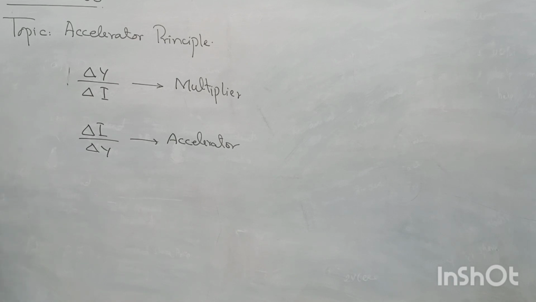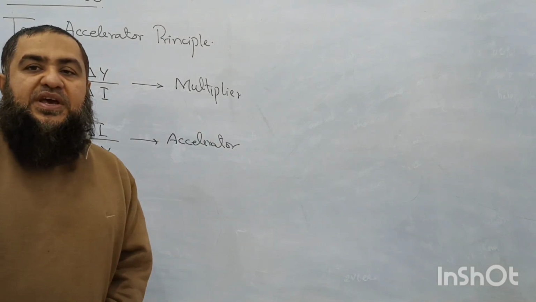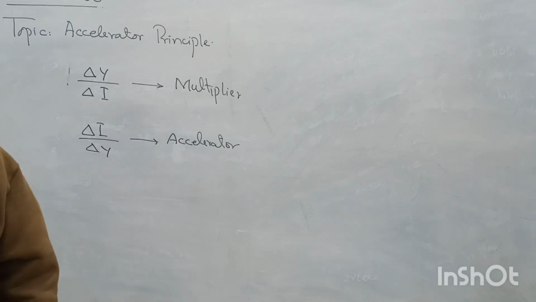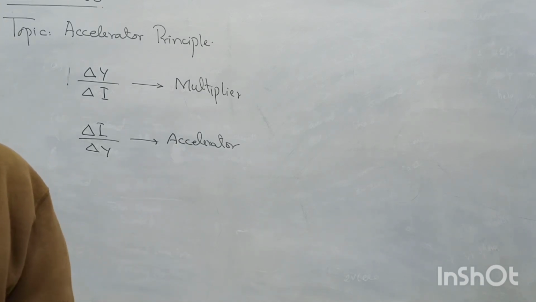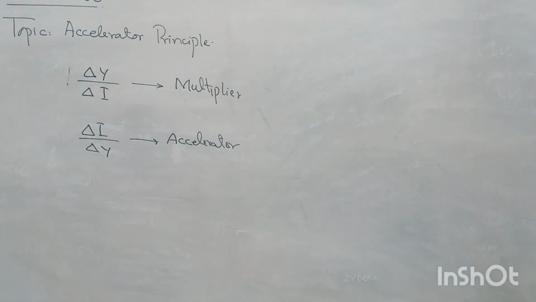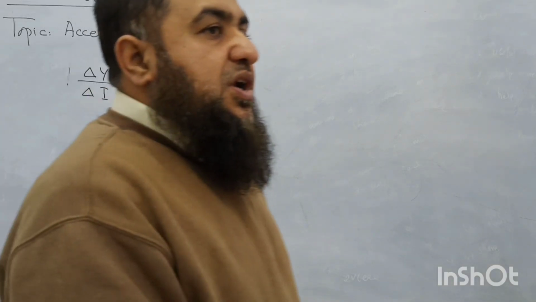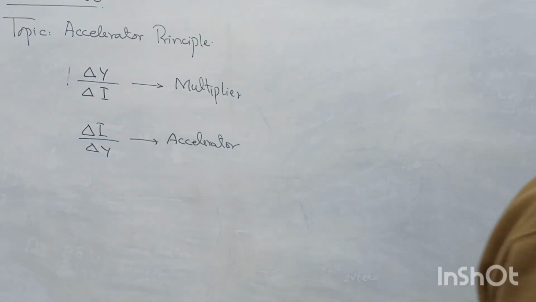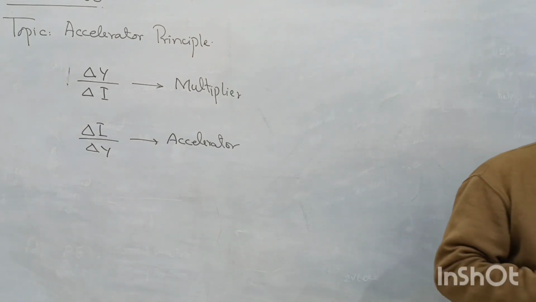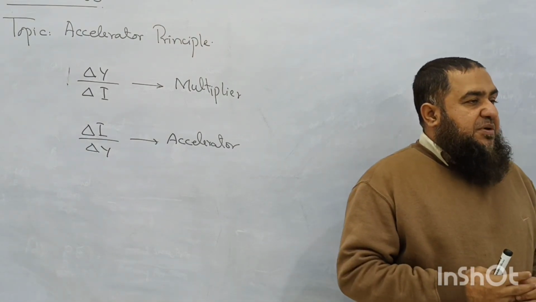The two things are opposite to each other. When investment is increased in the economy, there will be increase in national income by a multiplier effect. And when people's income level has increased, what happens? Now they will spend in order to buy more goods and services. So producers are looking at this change in trend of the people.